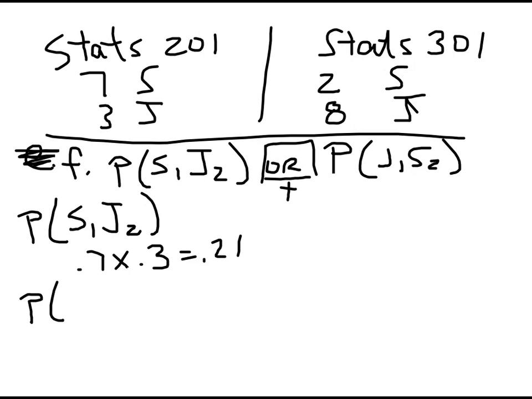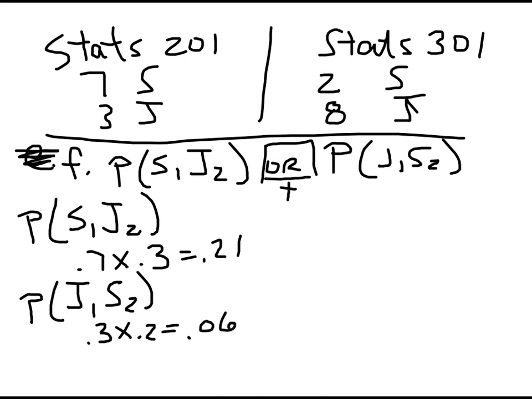The probability of a junior on draw 1 and a sophomore on draw 2 equals 0.3 for 3 juniors in Stats 201. The sophomore is going to be selected from Stats 301 since the junior was selected first, and that is 0.2, which gives us a probability of 0.06.